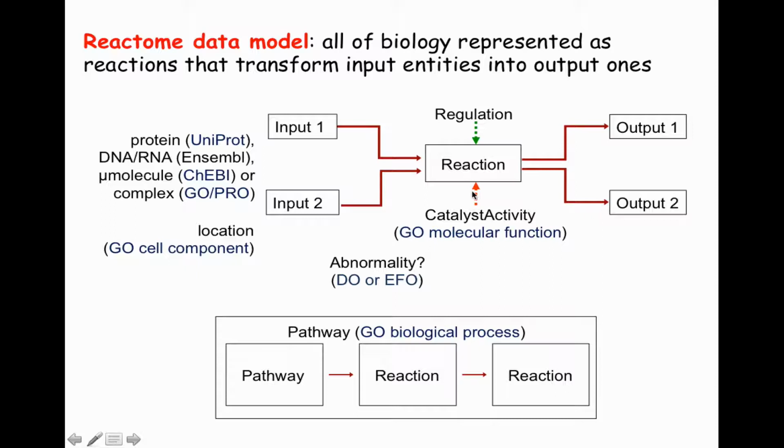Transporters also, in effect, can be annotated as though they were catalysts, because this molecule in location 1 is transformed to this molecule in location 2 by a transporter in the same way that it might be phosphorylated by a kinase. And those reactions, of course, can be regulated by other physical entities, where regulation is a relatively broad and sometimes fuzzy term, but a really useful one.